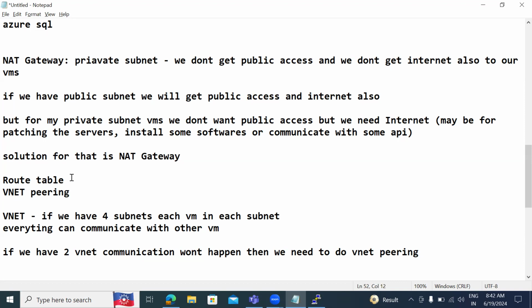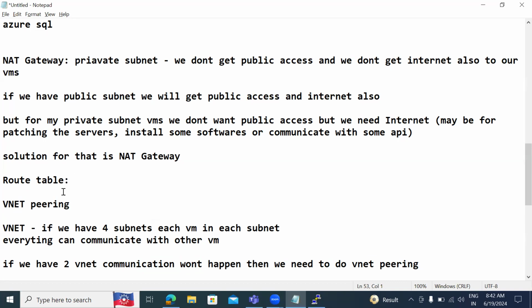Then there is one more term called route table. What is the concept of a route table? It is a set of routing rules. In the router also, we will enable some routing rules, and those rules are called route tables.